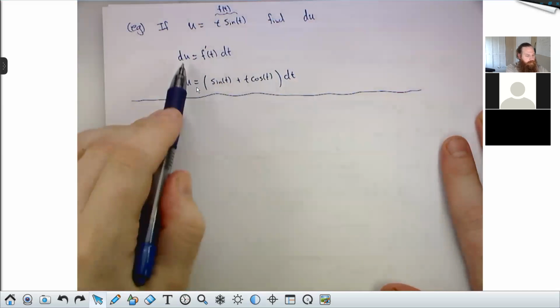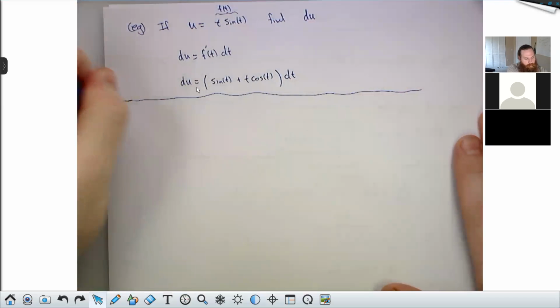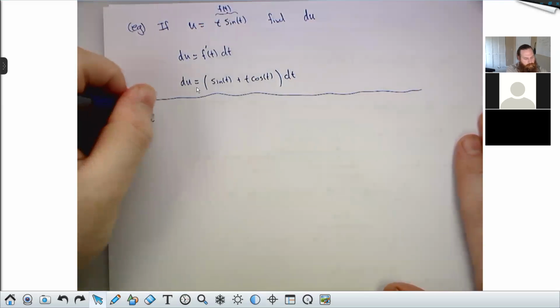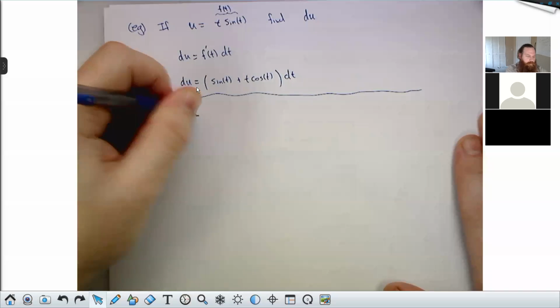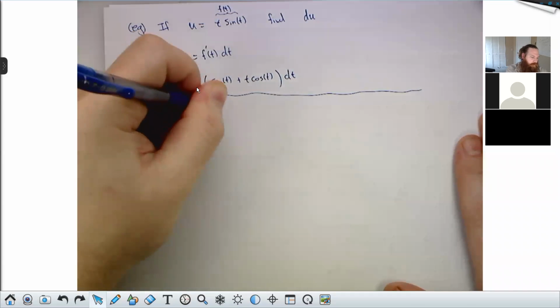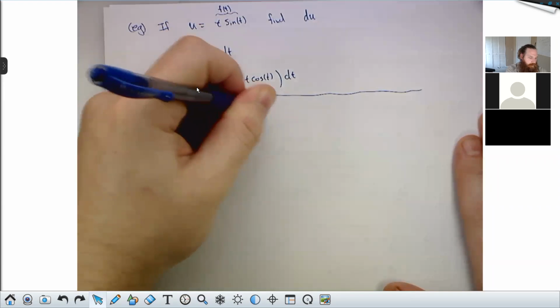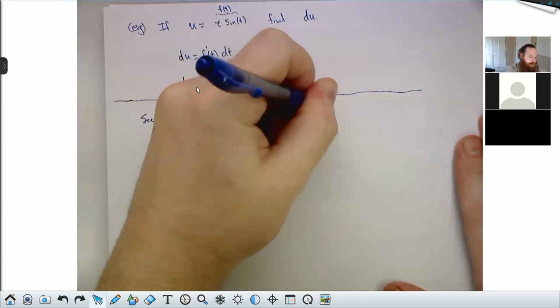We've seen these du's, dt's, and stuff like that showing up in our integrals, right? And the reason that we care about this now is because I'm going to want to make a change of variables in my integrals. We're going to talk about section 5.5, which is on the substitution rule in integrals.